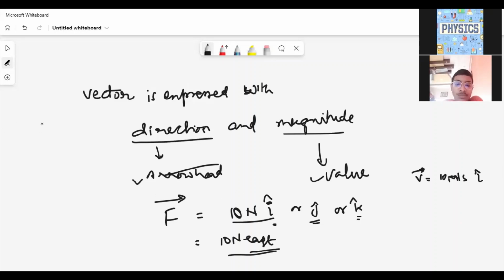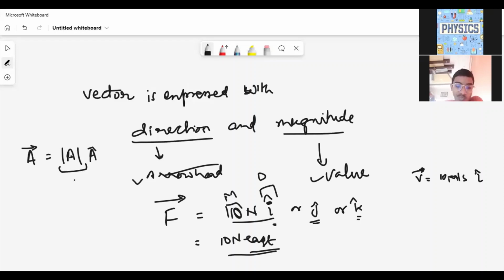One is the magnitude and another one is direction. So we write vector A as modulus of the vector and direction of the vector.